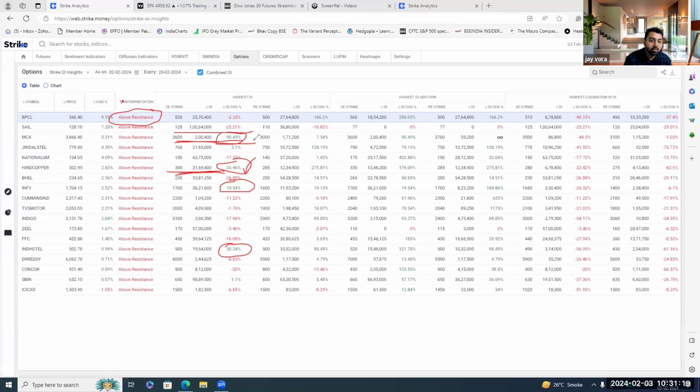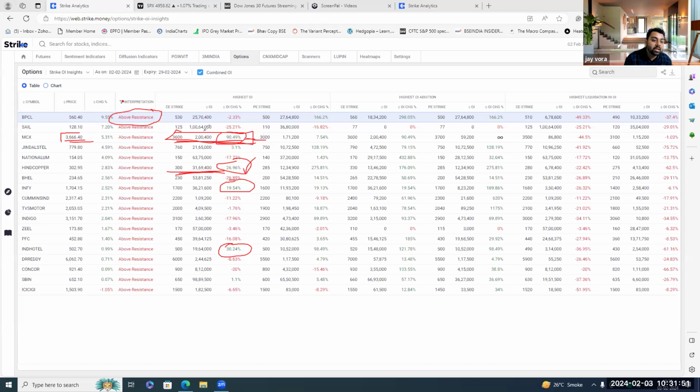Because see, right now the MCX call sellers are already losing money, correct? Because as you can see over here, the highest open interest is at 3600. Okay. Now what will happen is that, say tomorrow, on Monday, if MCX is sustaining above this 3600 for say 1 hour or 1.5 hours, then you will probably start seeing unwinding over here.